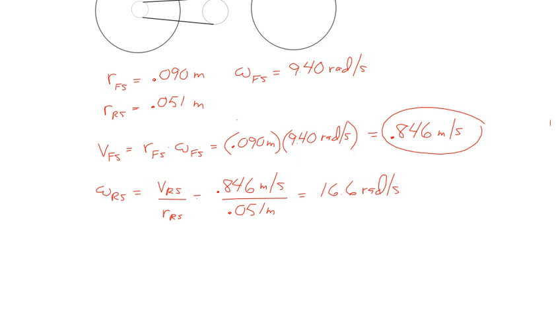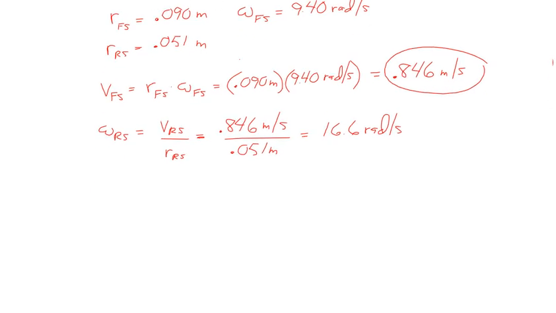So now that I know both the angular velocity of the rear sprocket and the tangential velocity of the rear sprocket, I can use either one of these numbers to get the centripetal acceleration. I'm going to do both of them since I have both numbers.